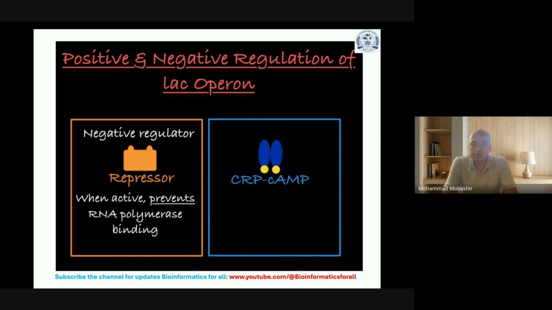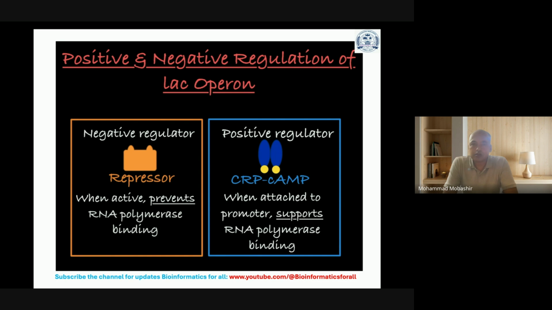Remember that the lac repressor responds to the environment by becoming inactive in the presence of lactose. CRP is considered a positive regulator because when bound to by cyclic AMP and attached to the promoter, it supports RNA polymerase binding to the promoter. Remember that the CRP cyclic AMP complex binds to the lac promoter in the absence of glucose.